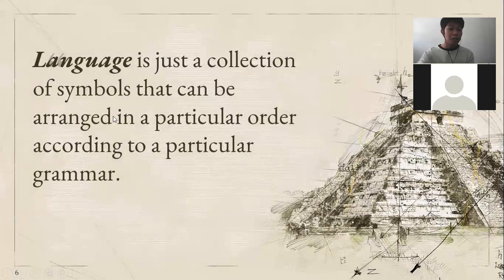Language is just a collection of symbols that can be arranged in a particular order according to a particular grammar. So when we say language, it is composed of different systems. For example, we have the semantics or the meanings of the words in a language.